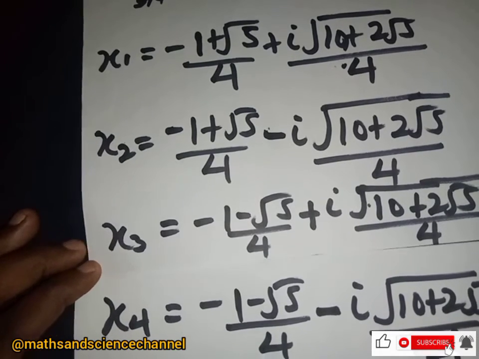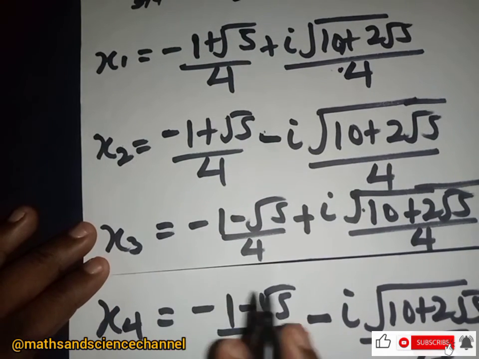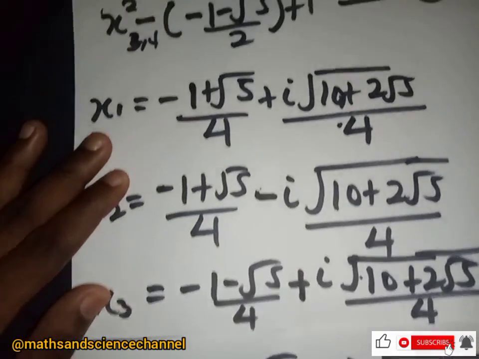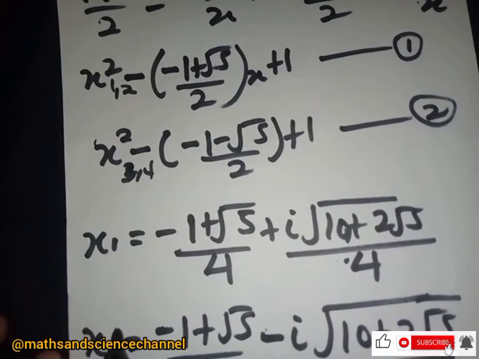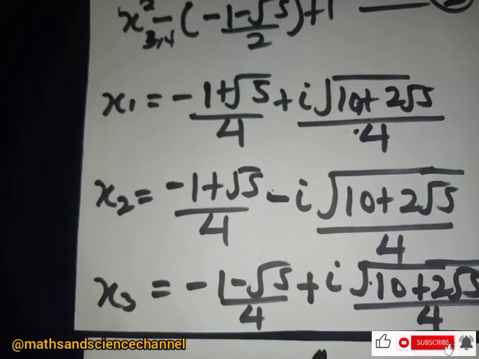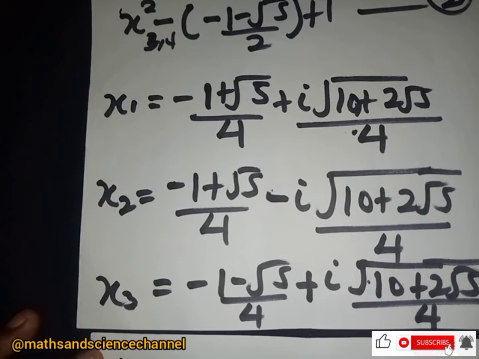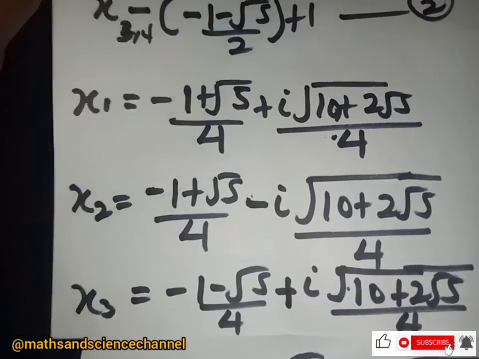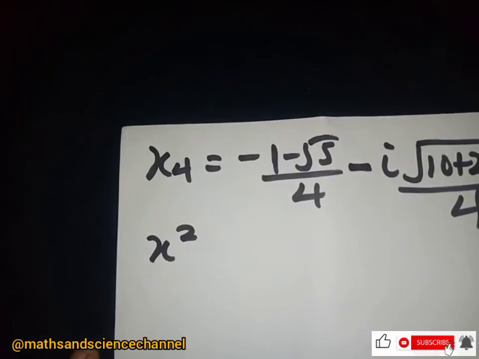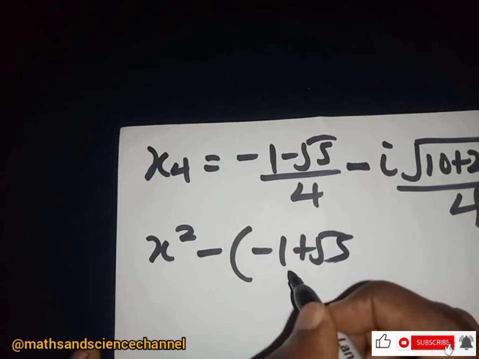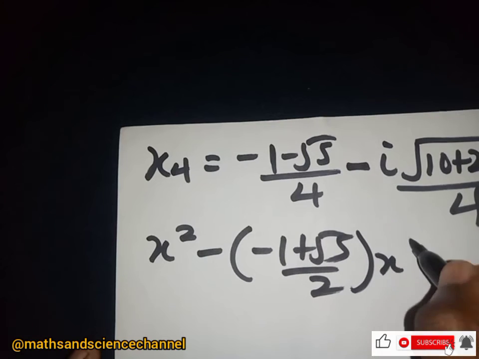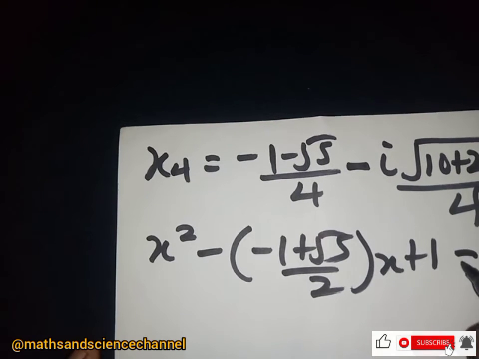I mean, you can try solving this. So with these two equations we have over here, now to get your x1 and x2, you can try using the quadratic formula, where for the first part which we had is x squared minus 1 plus square root of 5 divided by 2 times x plus 1 equal to 0.